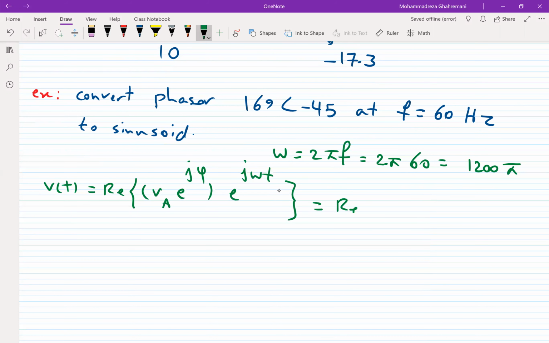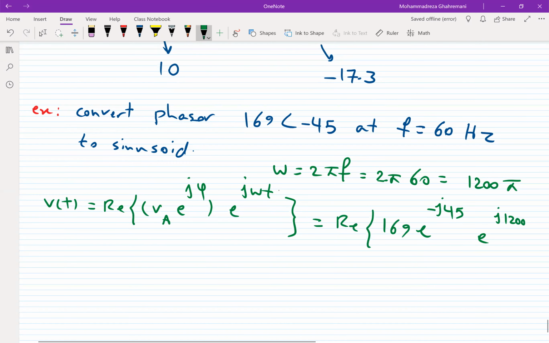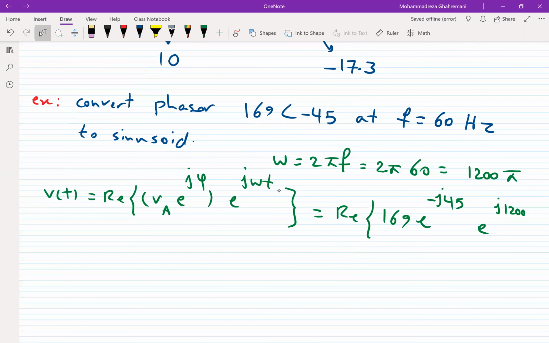So it's equal to real part of 169 e to the power of negative j45 e to the power of j 120 pi t. 2 pi 60 is 120 pi.